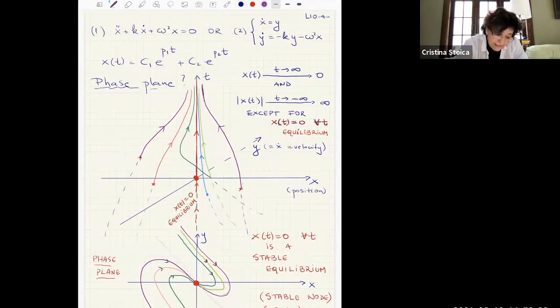And why it doesn't touch? Because if you have two solutions that have a point in common, because of the uniqueness of the solutions, they're the same. It's like you cannot have two different paths for the same trajectory. Or the other way around, if two solutions are bifurcating from the same initial point, it's like you have two different futures coming from the same initial condition.